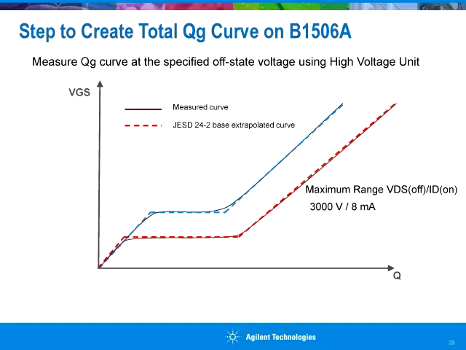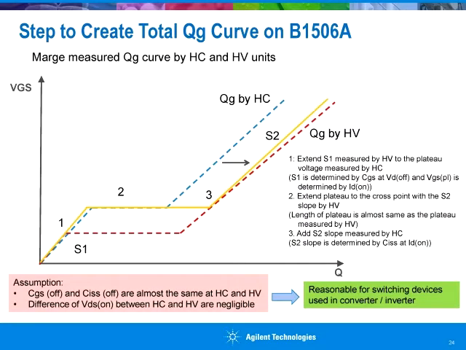This offset voltage becomes larger than the QG measured by the high current unit. After that, the same JEDEC-based curve is extracted. Then we can merge those two measurement curve results to create a total QG curve by these steps. First, extend this S1 slope measured by the HVSMU, because this slope is determined by the off-state capacitance.